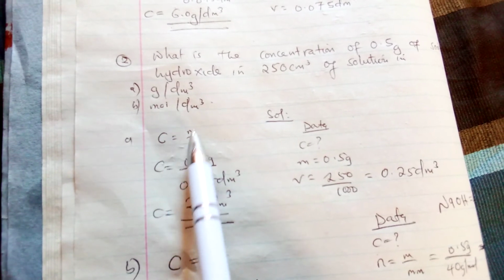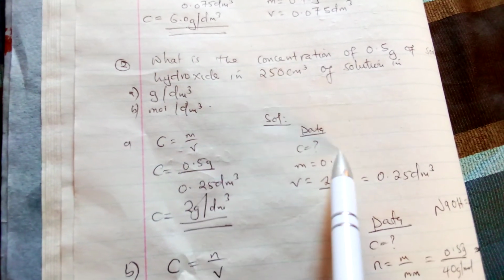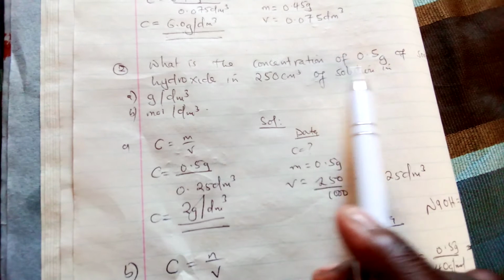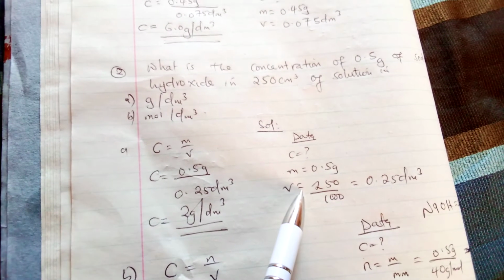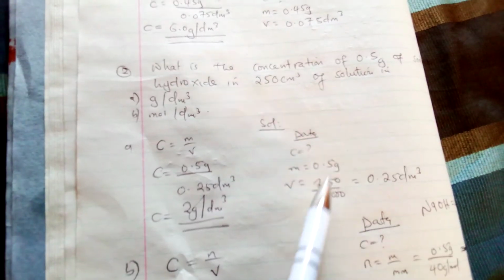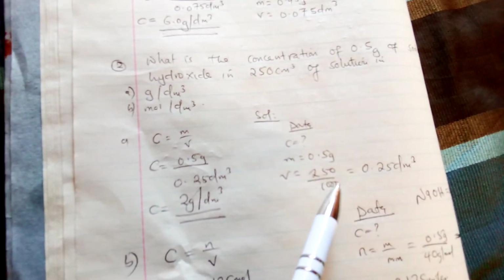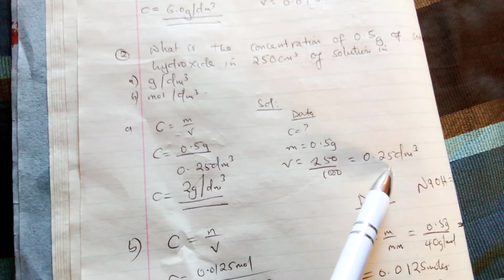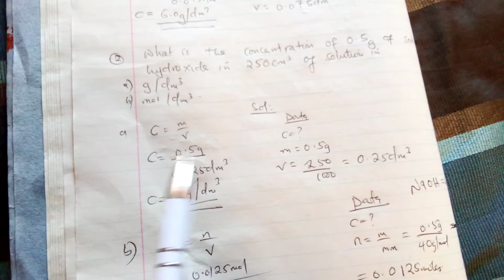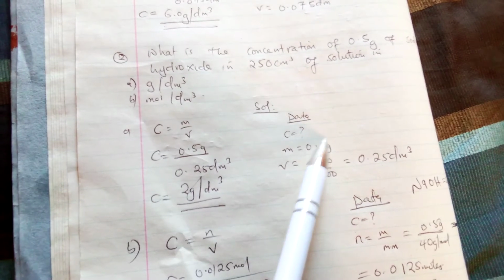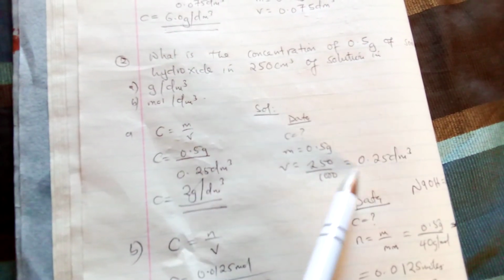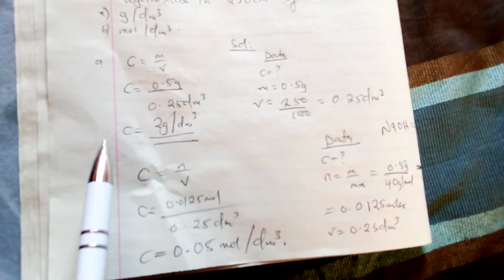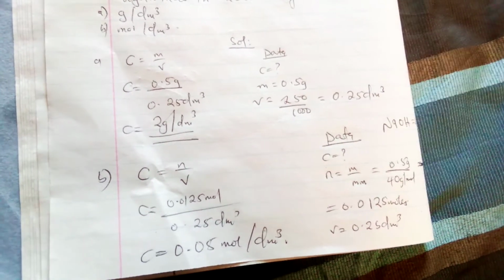We begin with grams per decimeter cubic, using C is equal to m over V. C we don't have, m we have, it's in the question. The volume is in centimeter cubic, so you divide by 1000 to convert it to decimeter cubic, which gives 0.25. So when you divide 0.5 by 0.25, you get 2 grams per decimeter cubic.